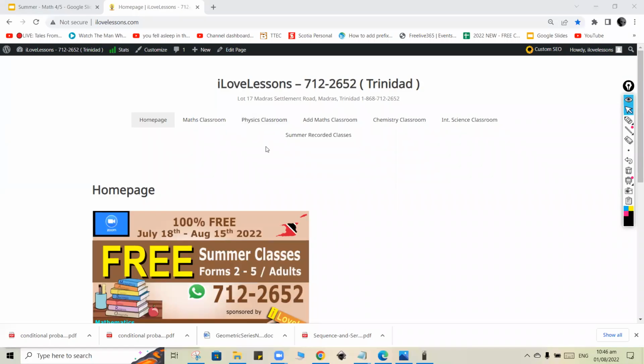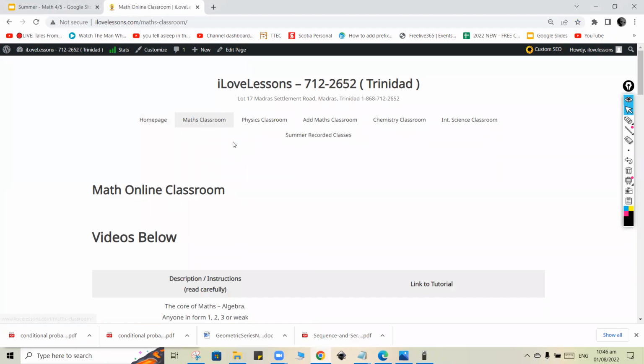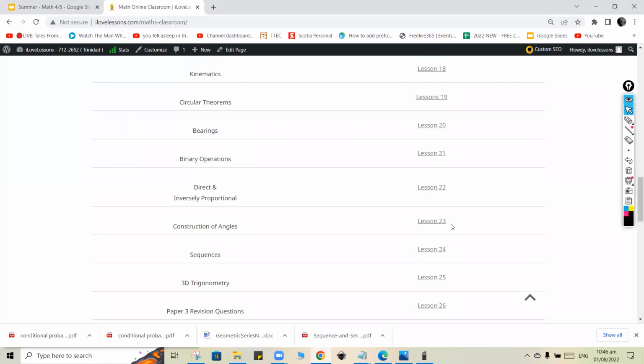All right, for homework, all you need to do is go to the maths classroom. Right, so when you go into the maths classroom, you're going to scroll down to lesson 23. Make a note, that's construction of angles. The construction of angles is a standard topic that will come in your CXC exams.